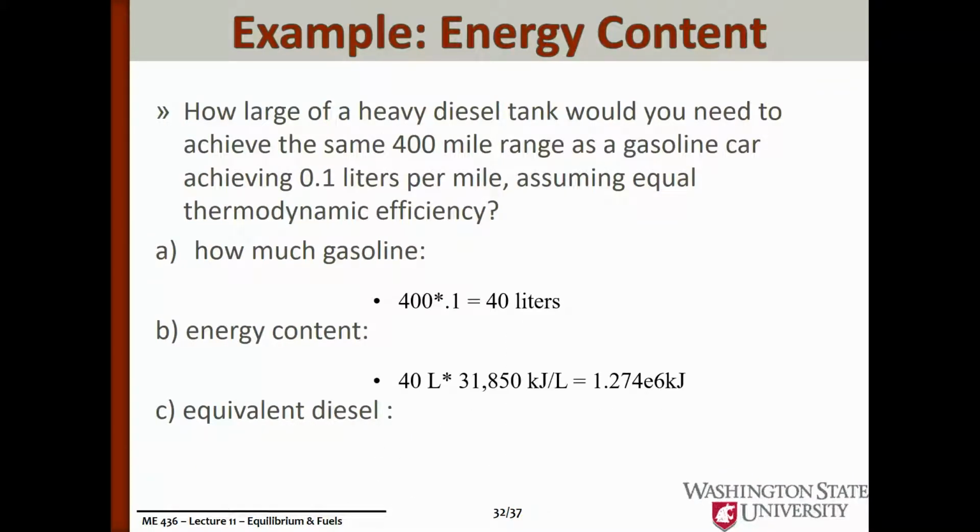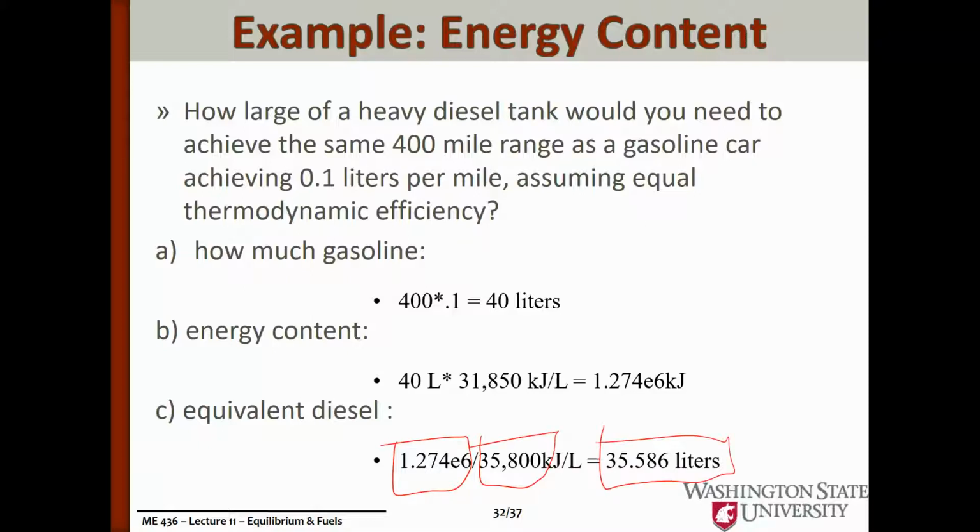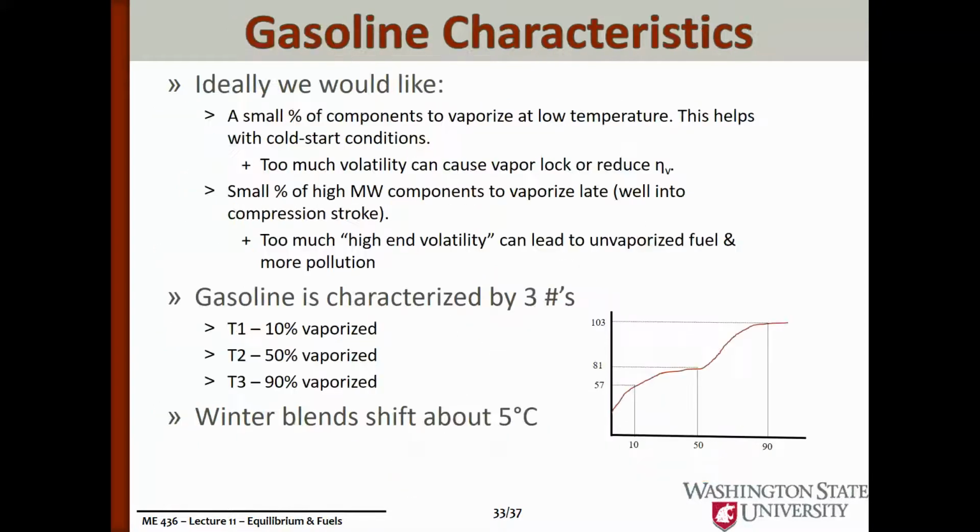The energy content is 1.27 million kilojoules. The equivalent diesel, that energy divided by the energy density of diesel, is 35 liters. So a 40-liter gasoline tank holds the same energy as a 35.5-liter diesel tank. We've done these examples before, but this was just another place to look at that.